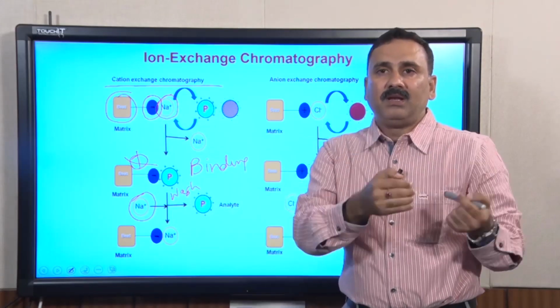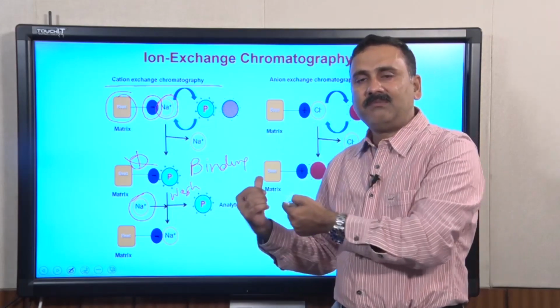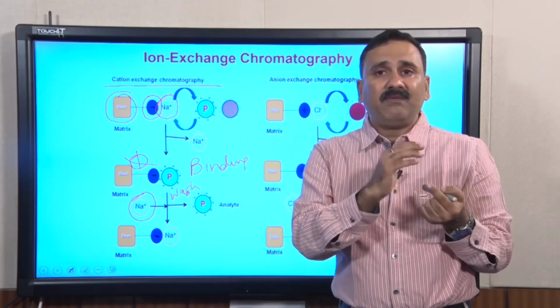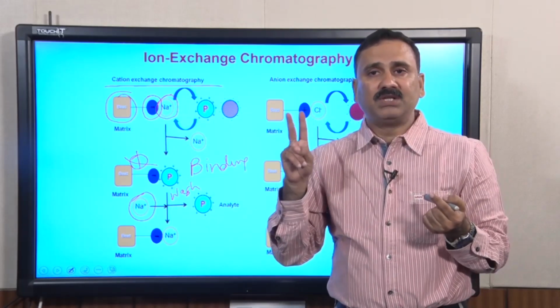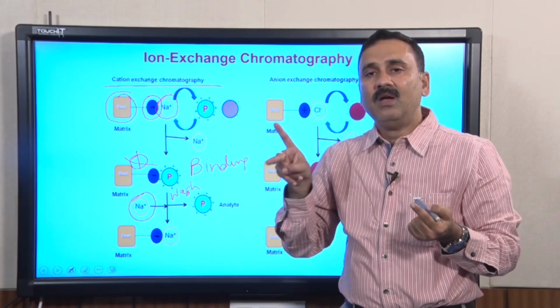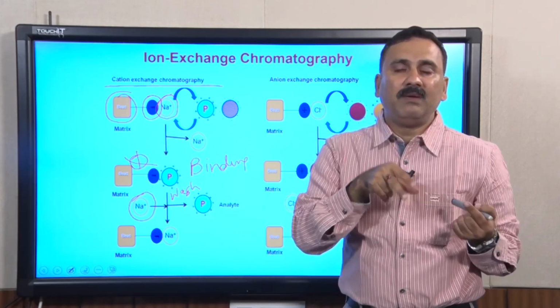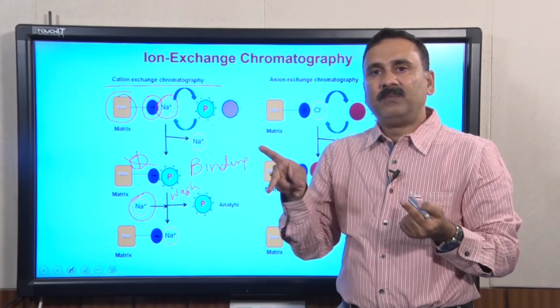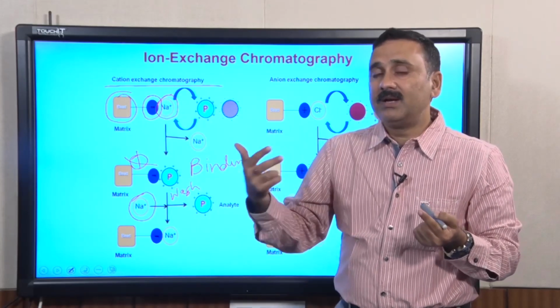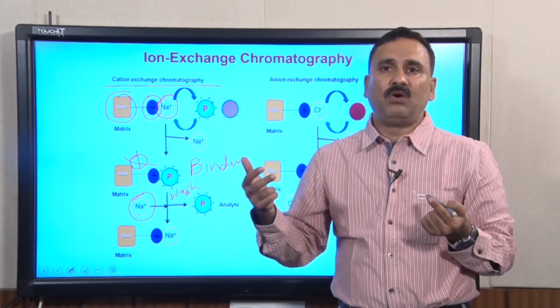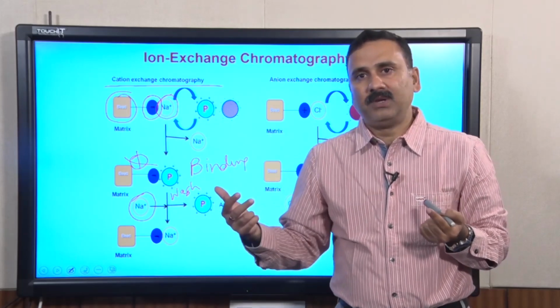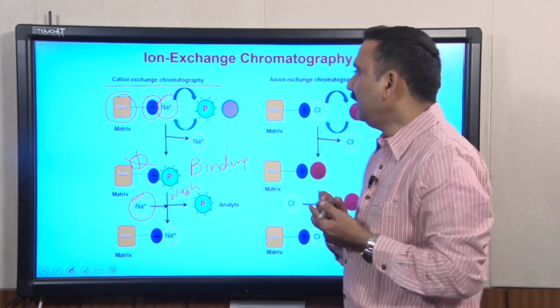For example, if you remember our previous example, M2 minus has two negative charges, so it is going to bind very strongly to the beads compared to M1 minus. Because of that, it may require a higher concentration of your elution sample or your salt.